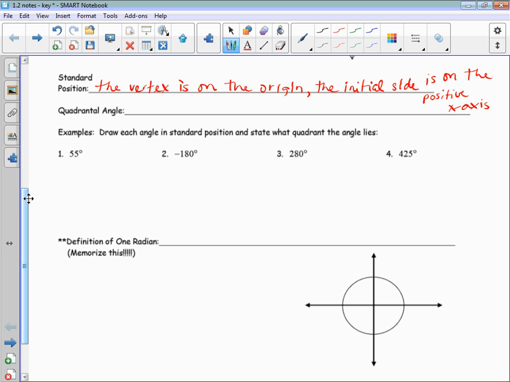A quadrantal angle, all that means is the terminal side is on an axis. So if your terminal side ends up on the y-axis, the x-axis, the negative y-axis, anything like that, that's a quadrantal angle.